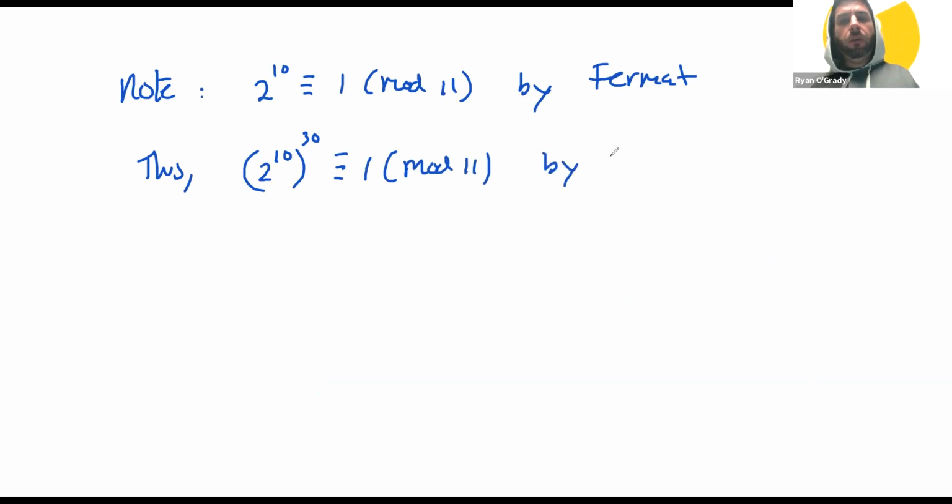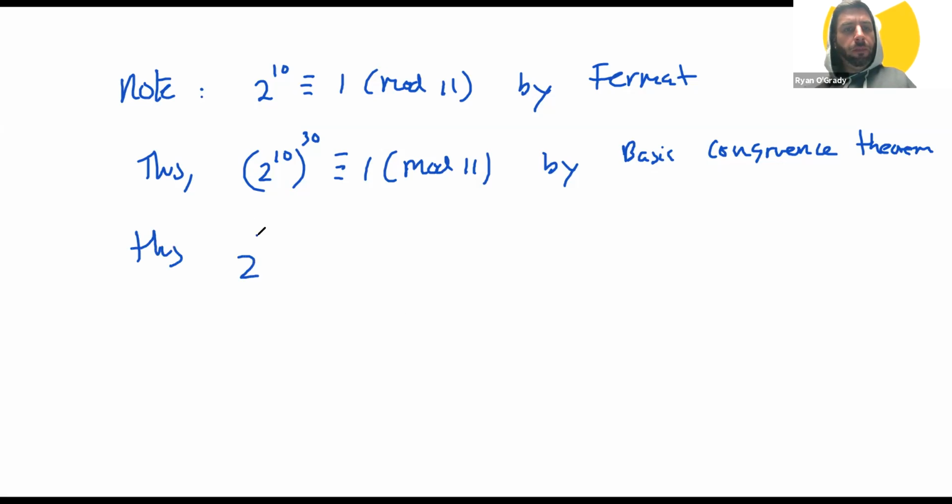And that is not by Fermat, but by the basic congruence theorem. We talked about that last week. So this tells us then that 2 to the power 300 is congruent to 1 mod 11.